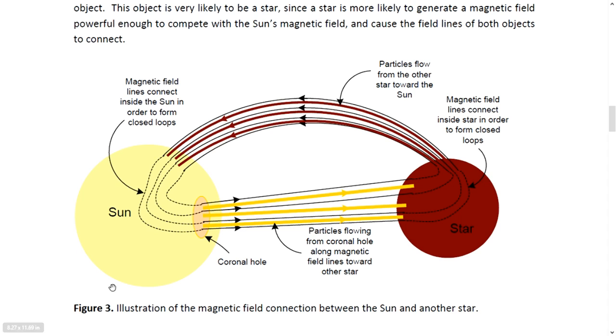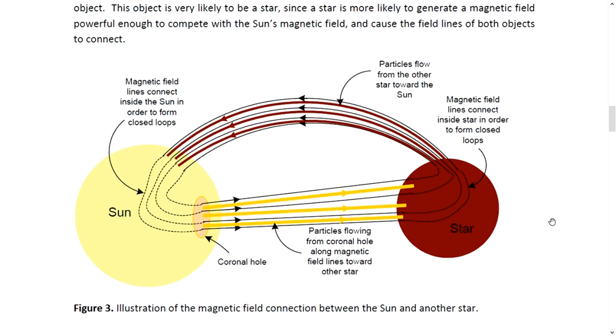We're showing a diagram here of the sun and our brown dwarf star, meaning that this brown dwarf star is directly attracted to our sun. They have basically made a portal connection with each other.